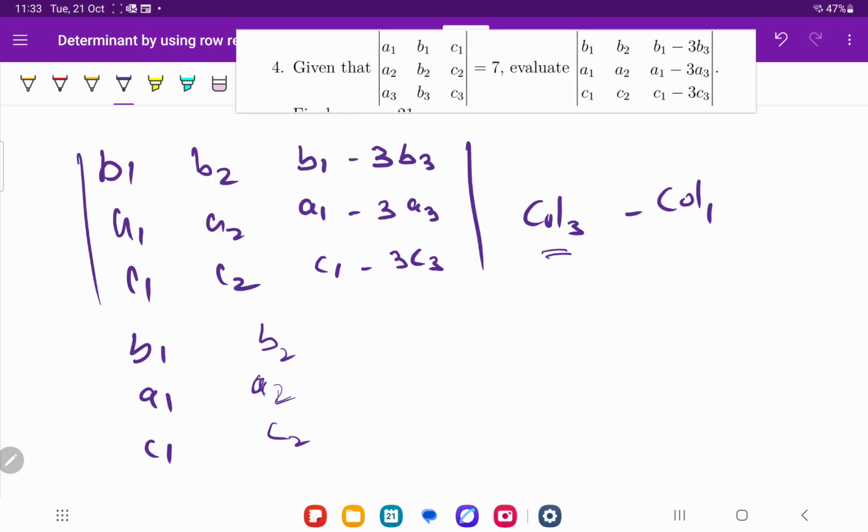So how is column 3 changing? By minus column 1 and added with column 3. So minus B1 and plus B1 cancel. What is remaining? Minus 3B3.